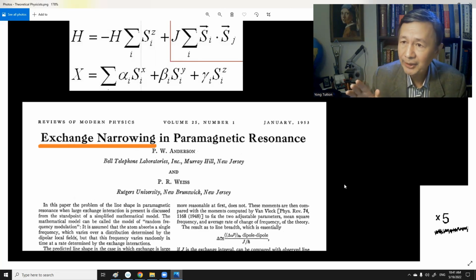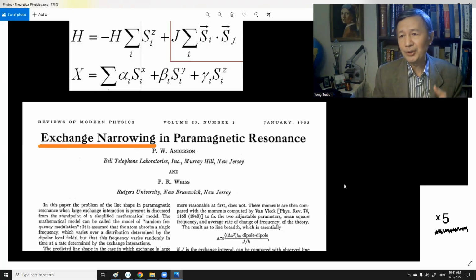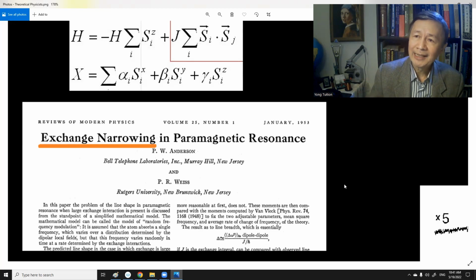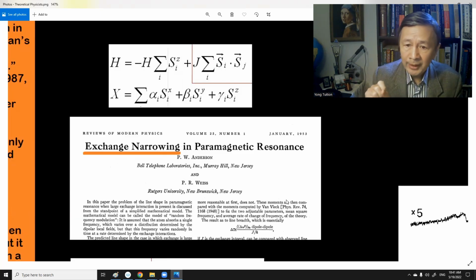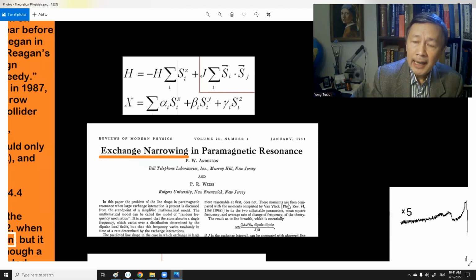And that interaction is called the exchange interaction. Of course, eventually this idea was introduced to the study of nuclei and eventually elementary particles.